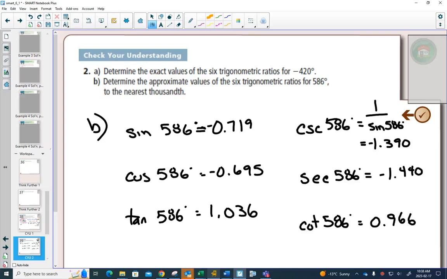So I rounded to 3 decimal places because the question said to round to the nearest thousandth. We're only doing 2b right now. Again, we will do 2a after we're done our unit circle.